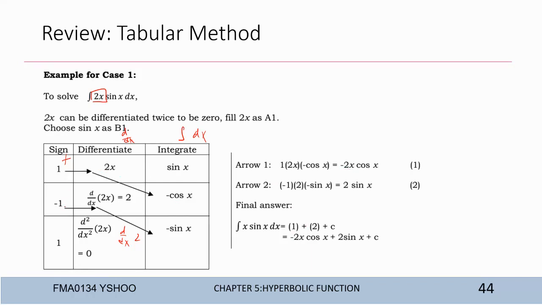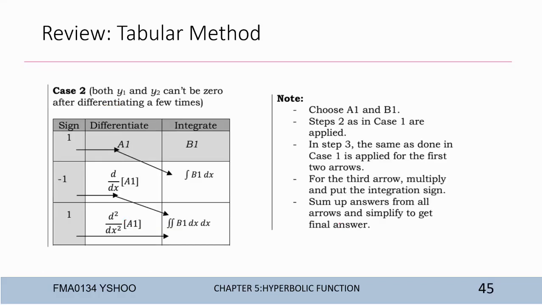Then the second arrow, you have a negative 1 multiplied by 2 and then multiplied by negative sine x. Because negative negative is positive, you have 2 sine x. When you combine these two answers, you just use the plus. It's not multiplication, it's a plus. And then plus c. Don't forget to plus c, because this is an indefinite integral.